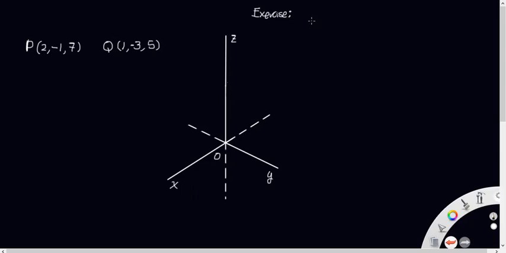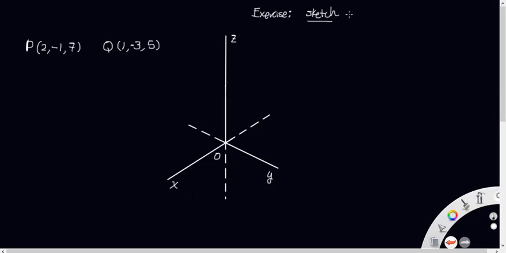So the first thing that we will ask you to do is to sketch, in the coordinate systems, the position of the location of the points that we describe here.